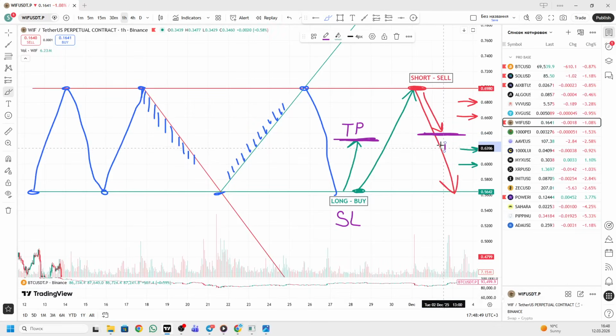So this will be your take profit for short position. You will sell here, you will buy here. Okay, so profit is simply the price difference. I think everybody understands that. I think it's clear.